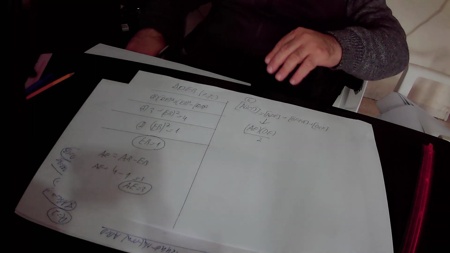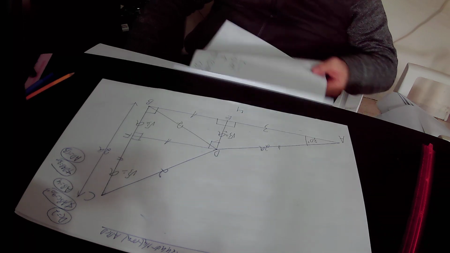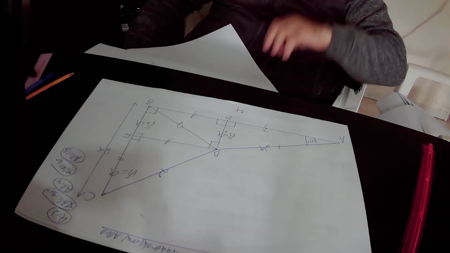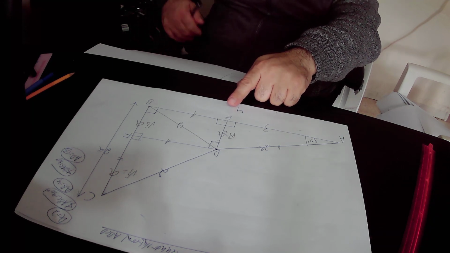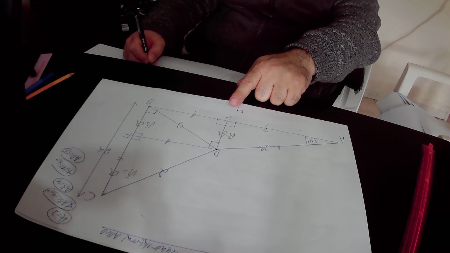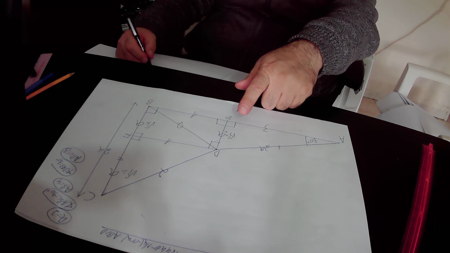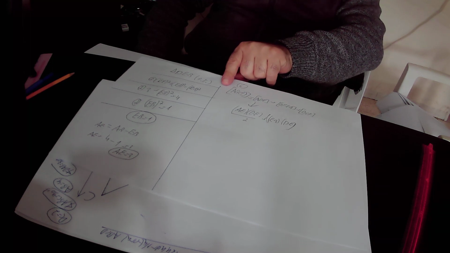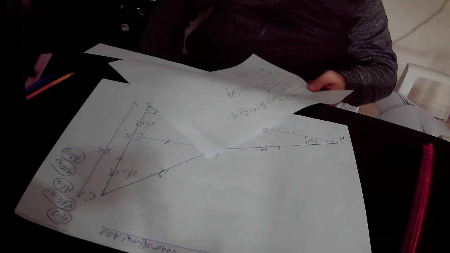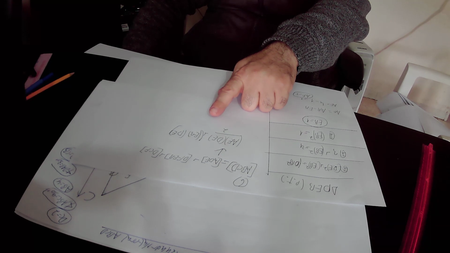So the area of triangle ADE equals AE times DE over 2, and the area of rectangle DFEB will be equal to the width of the rectangle, that is EB, times the length of the rectangle, that is DE.